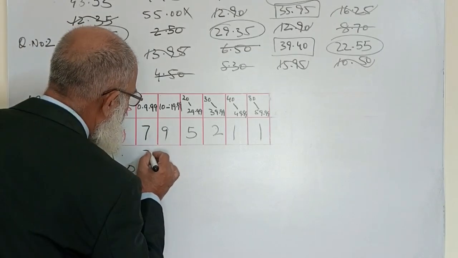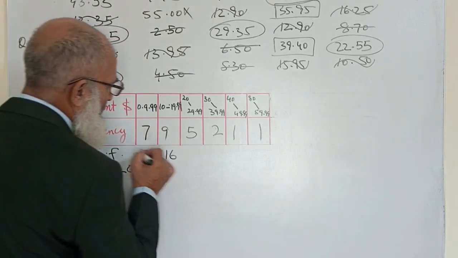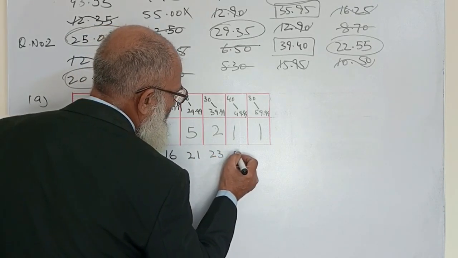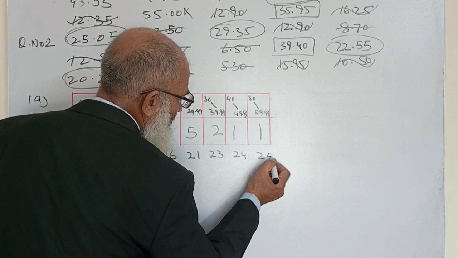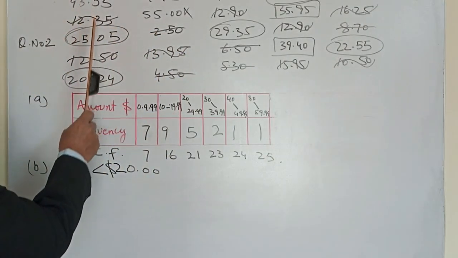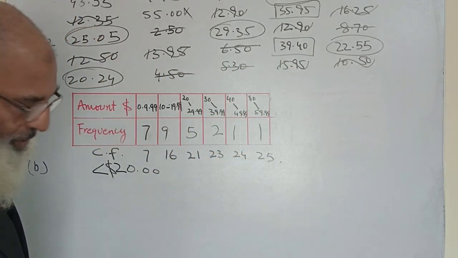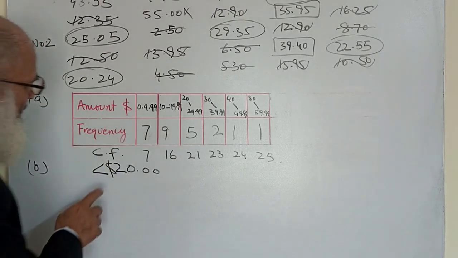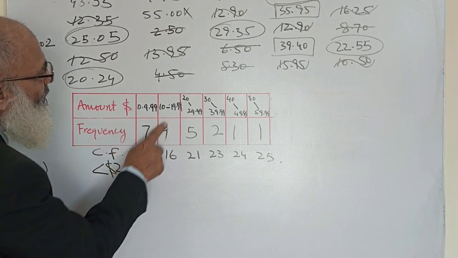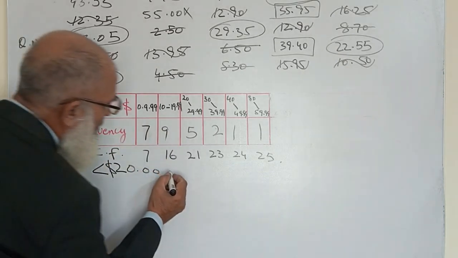So it is very easy. 7, 16, 21, 23, 24, and 25. Now there must be 25 observations. Yes, these are 25 observations. Less than $20 are here in the second, so the answer will be 16.